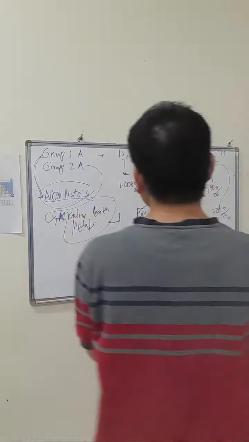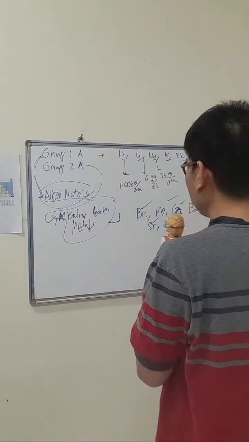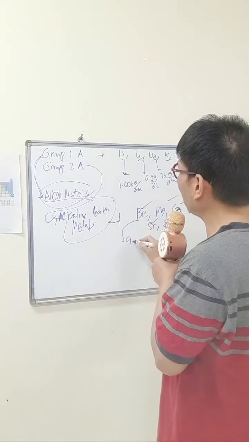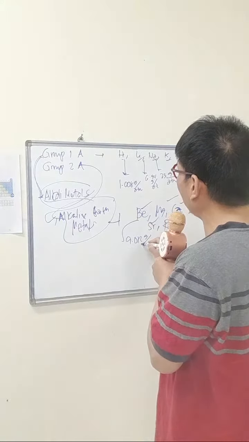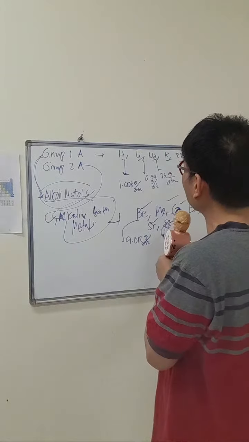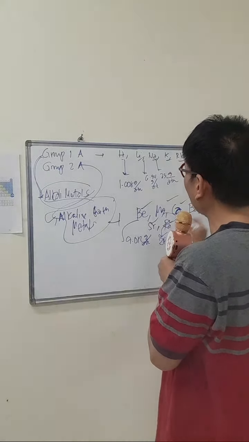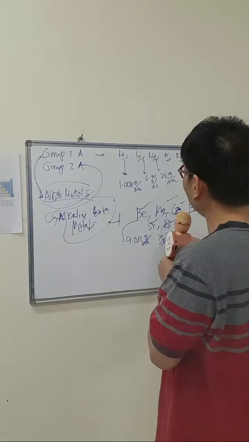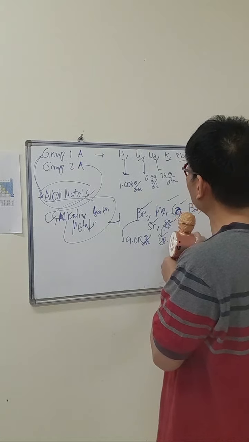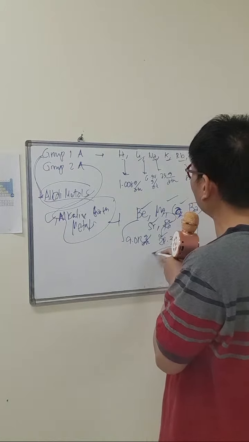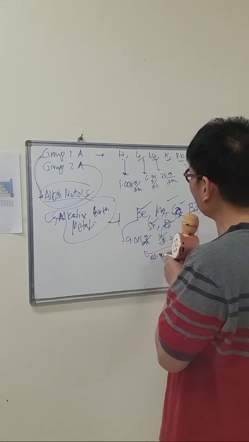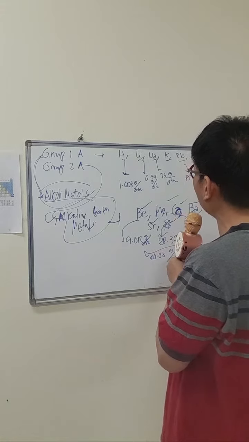What are the atomic weights? Beryllium, 9.012 gram atom. Magnesium, 24.30 gram atom. Calcium, 40.08 gram atom.